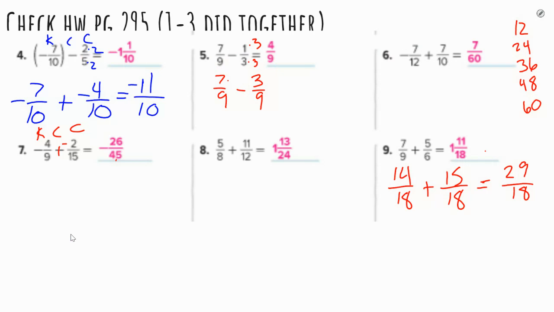Let's check your homework, page 295. You needed to add your opposite for number 4, and then you have an improper fraction, so you need to simplify it to a mixed number. If you need to, pause this and check your work.